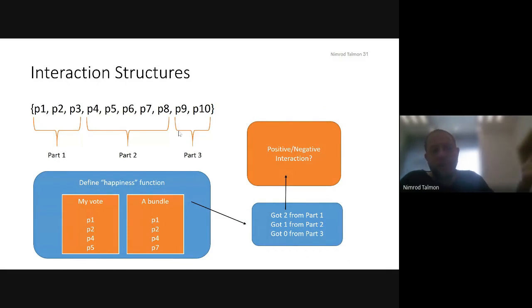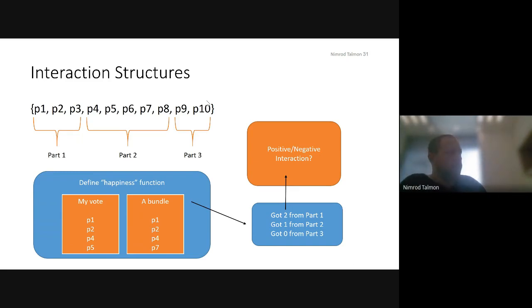If P9 gets funded and P10 does not, or the other way around, then I also get no satisfaction, because I will only get satisfaction if both projects from this group get funded. So a simple way to model this is to say that my satisfaction from projects in this part is 0 if no project is funded, is still 0 if one project is funded, but is, let's say, 1 if 2 projects get funded.